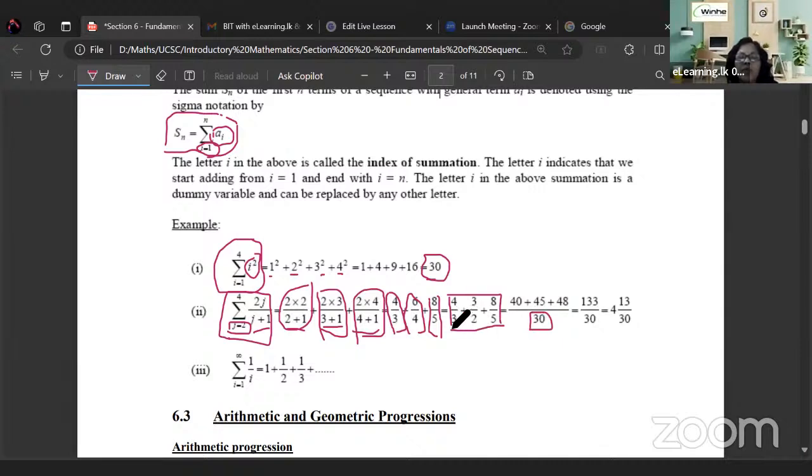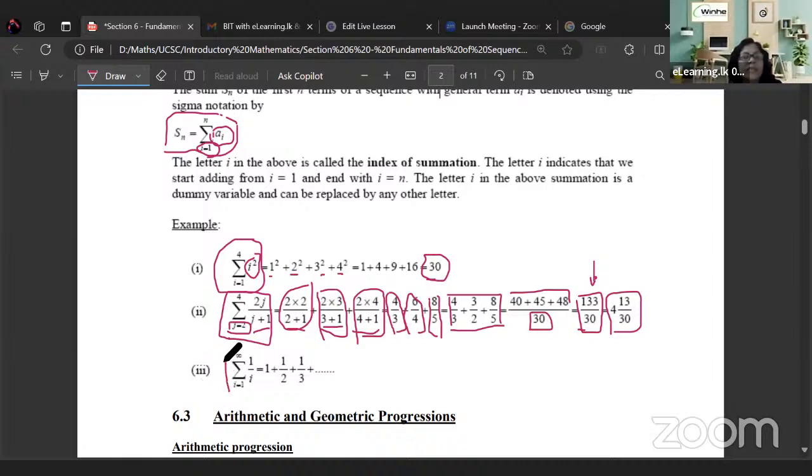You can write 4 divided by 3 as 40 divided by 30, 3 divided by 2 as 45 divided by 30, and 8 divided by 5 as 48 divided by 30. Right? Then if you add these three together, you can get 133 divided by 30. You can write it as 4 and 13 divided by 30. Right?